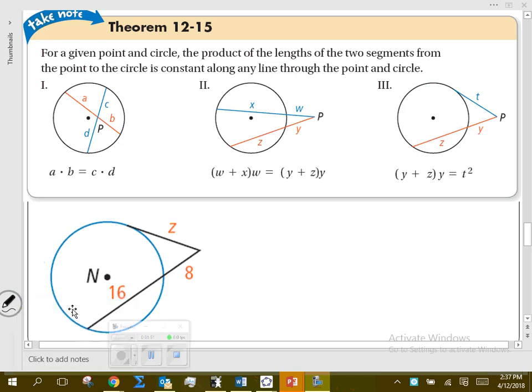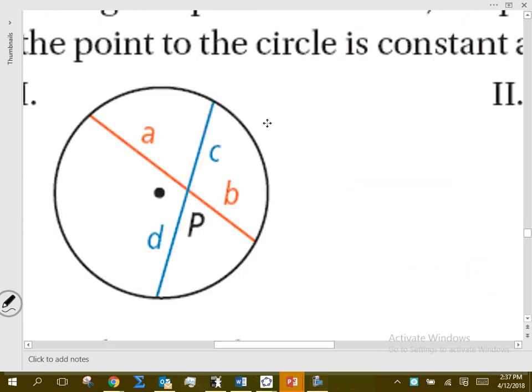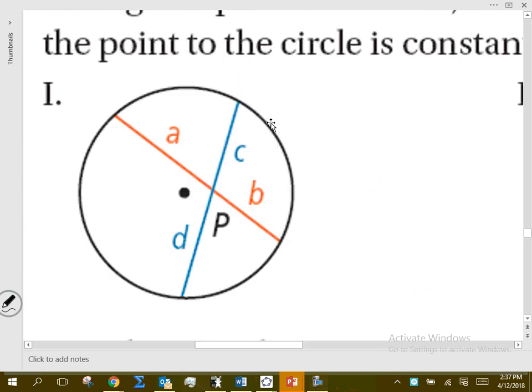All this first one means is that in every circle, whenever you intersect two chords, your two chords are going to cut each other up into 4 separate parts, right? What this is saying is take the 2 parts from the blue chord, find their product, and that should equate to the product of the 2 parts from the red chord. So A times B should equal C times D.